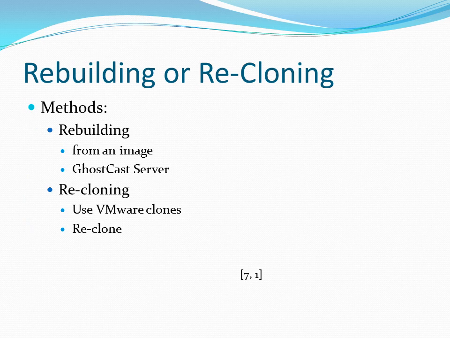So what is rebuilding or recloning? Well, there are two methods of rebuilding or recloning. Rebuilding involves maintaining an image of the computers on a master computer, and that image is stored on a server using Symantec Ghostcast Server, and then we can deploy that image to computers in the laboratory.